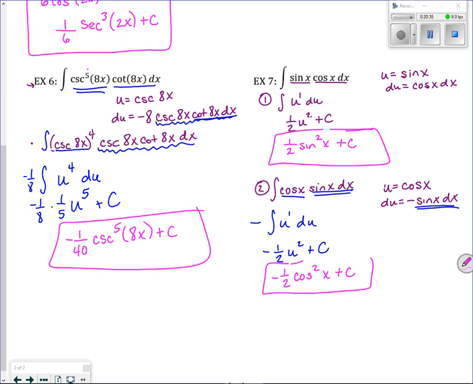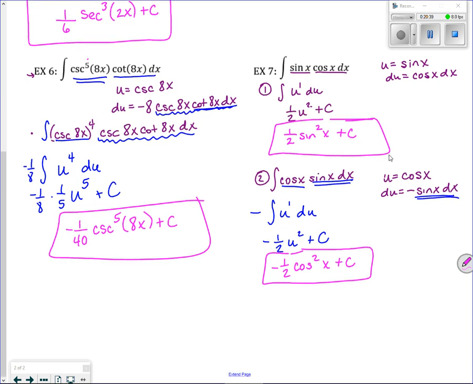I mean, those look very, very different, so which one is right? Well, they both are. Okay, they both are. And you're like, how are those two things the same? Well, you've got identities. Remember, with identities, I could replace sine squared. I mean, it doesn't matter which one I'm going to from one to the other. I could replace sine squared with 1 minus cosine squared.